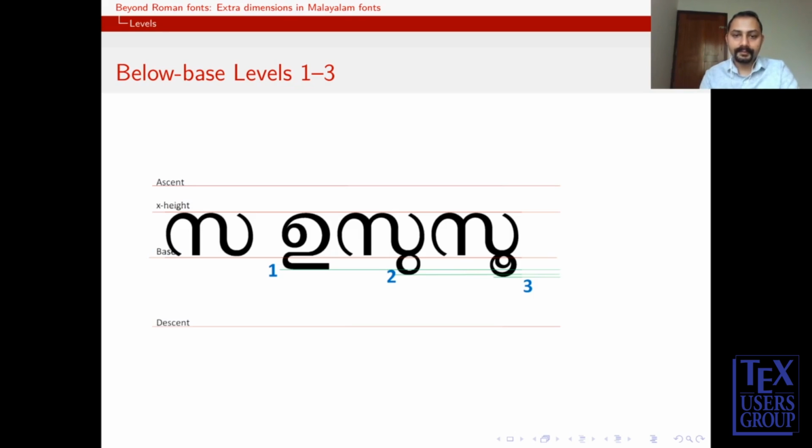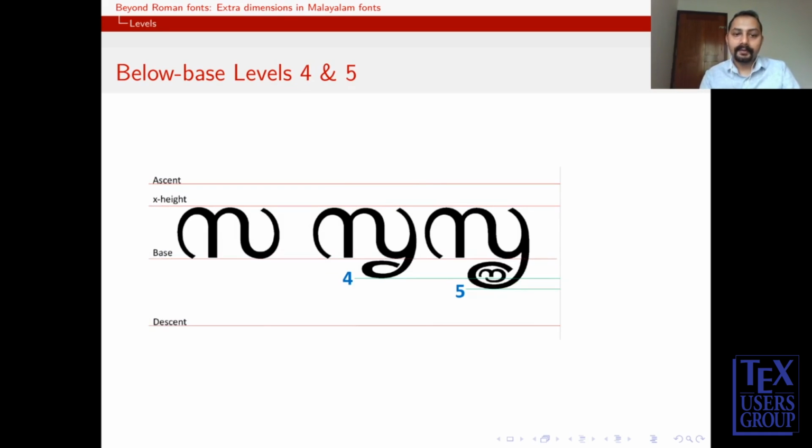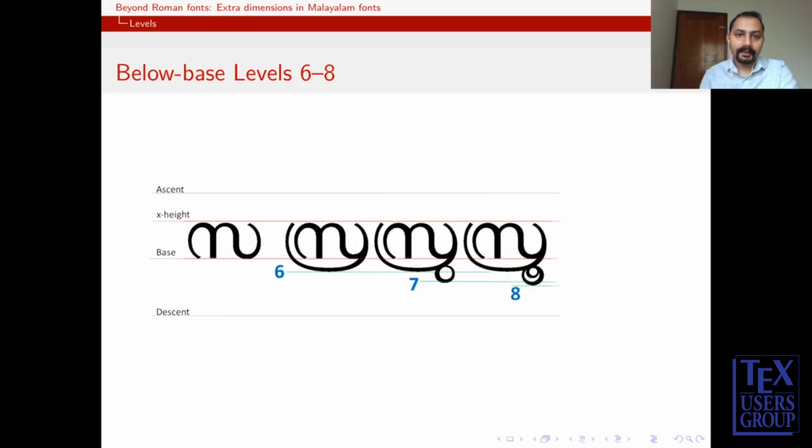This is levels 1 to 3. Levels 4 and 5 are for conjuncts str. And levels 6 to 8 are for vowel combinations of an example conjunct sra. So level 6 is for sra, level 7 for sru, and level 8 for sru with W.